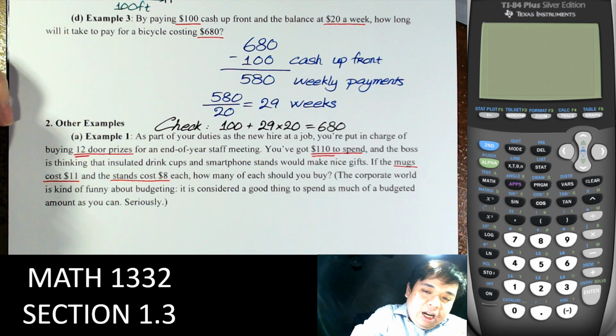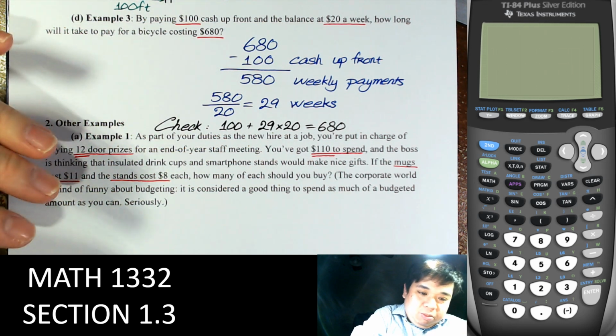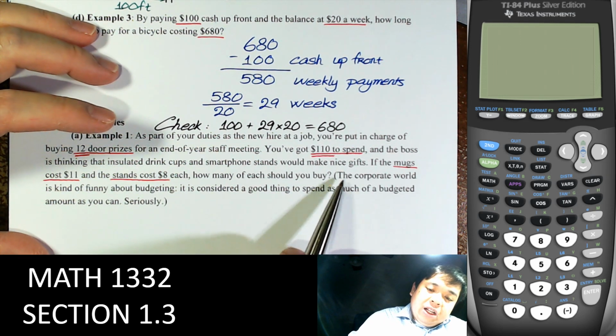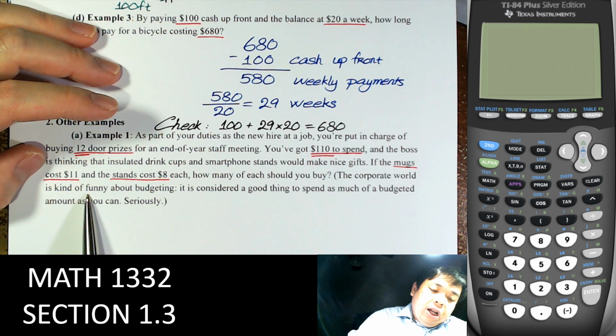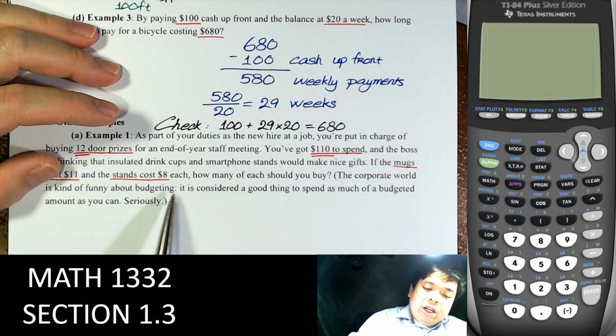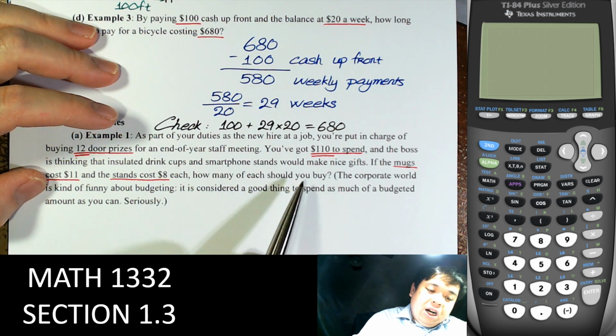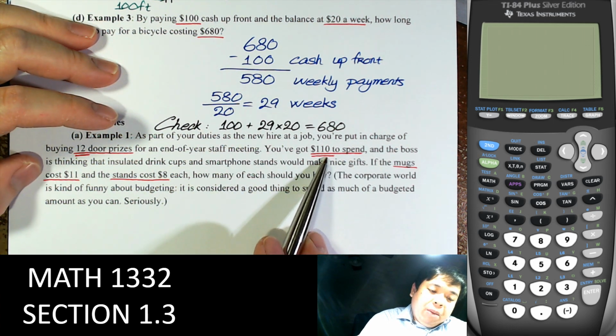Now, of course, the idea here. The corporate world is kind of funny about budgeting. It's considered a good thing to spend as much of the budget amount as you can.